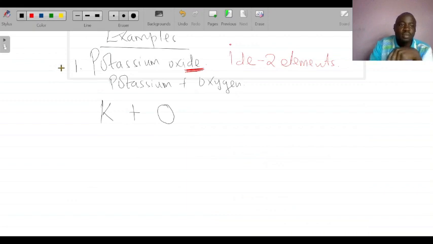Potassium has a valency of 1. Oxygen has a configuration of 2.6, so the valency is 2.